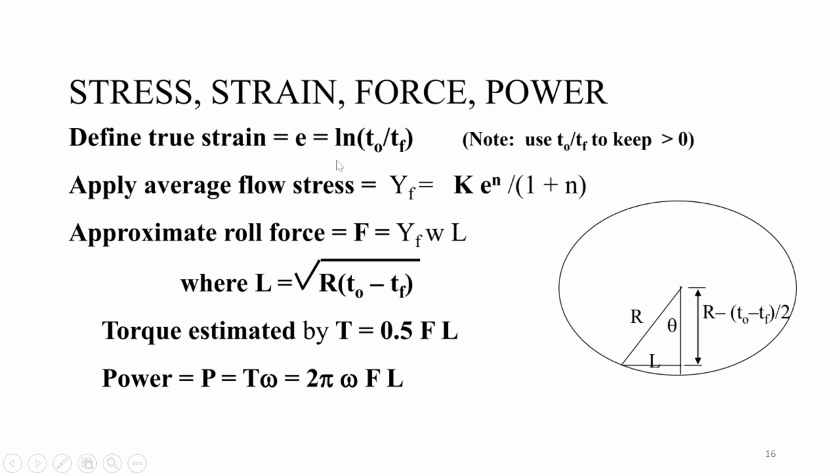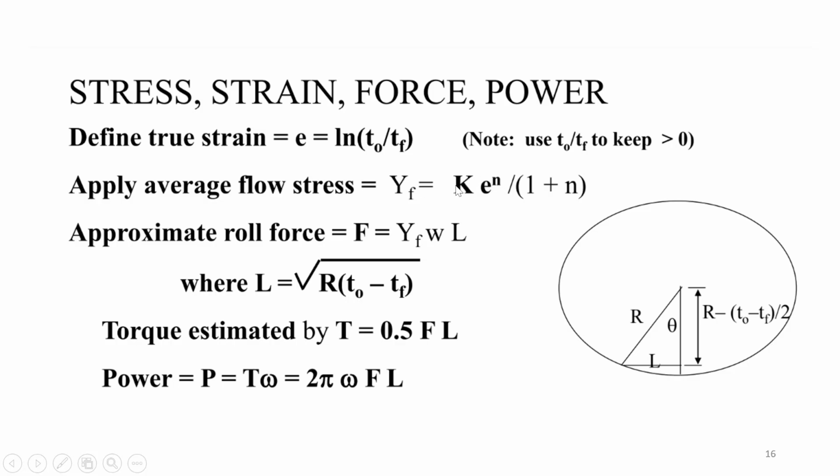Next, these formulas will also be helpful in solving some of the questions. We already used true stress, but the true strain formula will be ln(T naught upon Tf), where T naught and Tf are initial thickness and final thickness. The average flow stress will be K times epsilon to the power n.